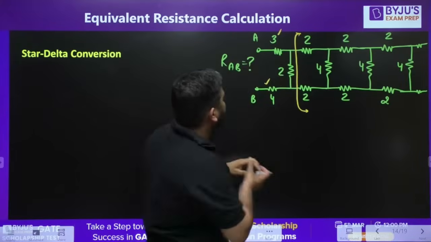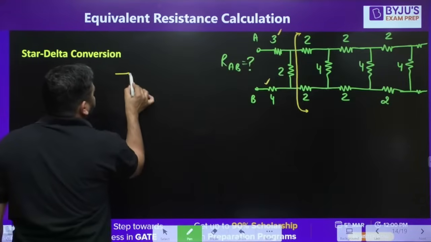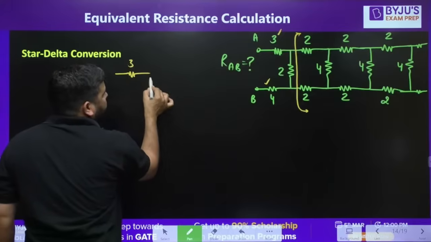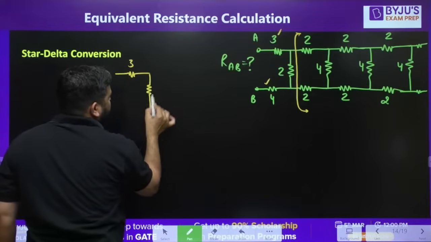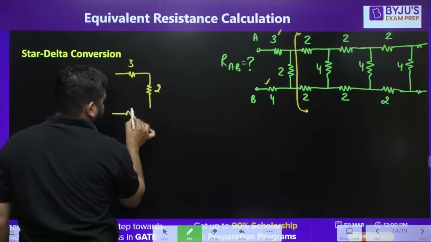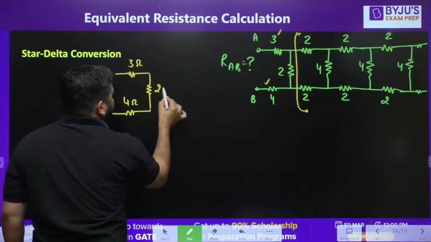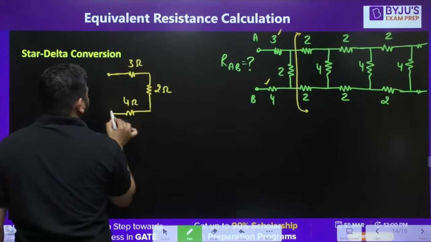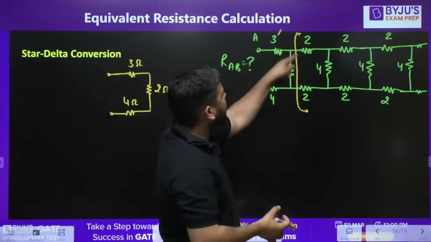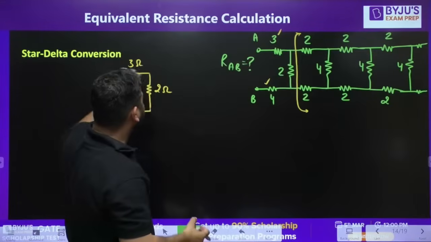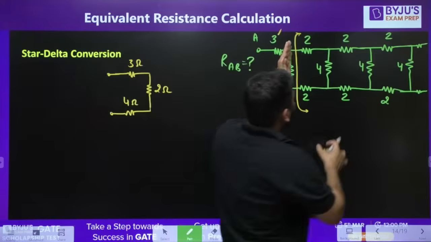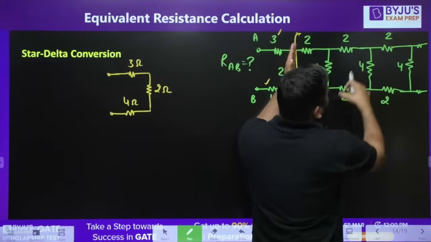So what you can do is, you can take this out: 3 ohm, 2 ohm and 4 ohm. You have taken it out. Now, you are left with this ladder of 2, 4, 2, repeating.